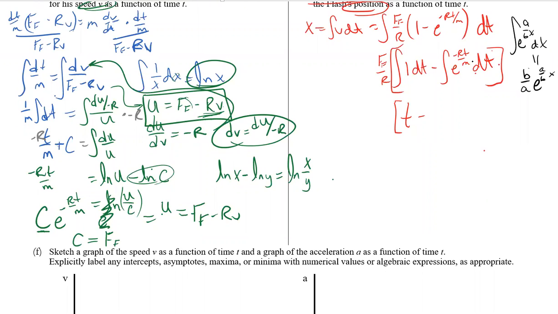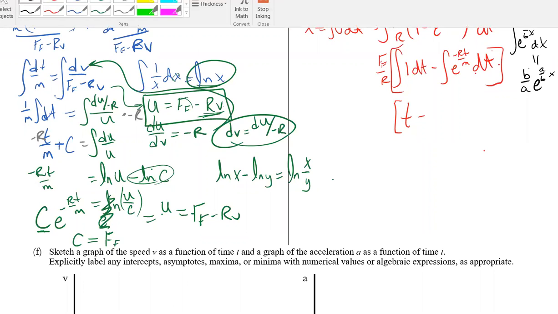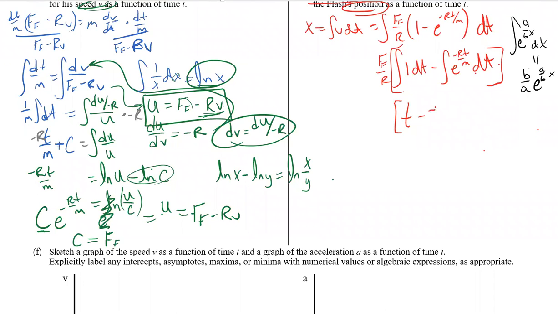So when I integrate this, I take my coefficient, flip it, so it would be minus m over r, and then rewrite the whole thing again, e to the negative RT over m.